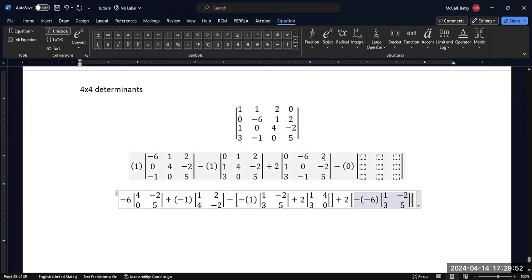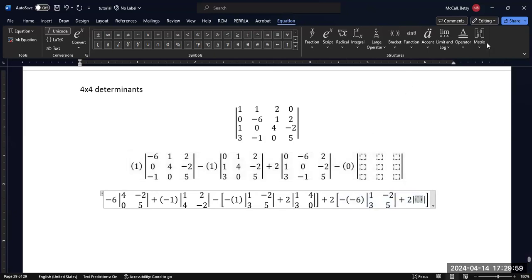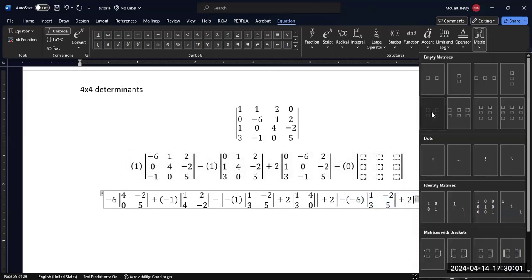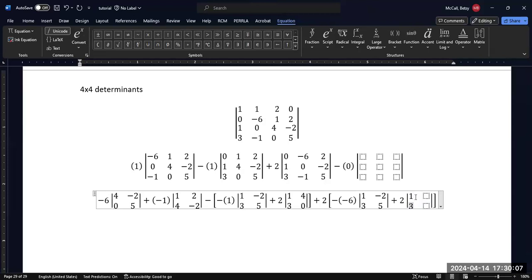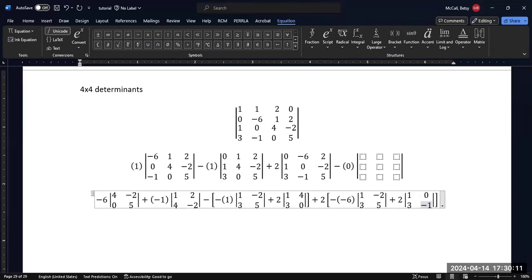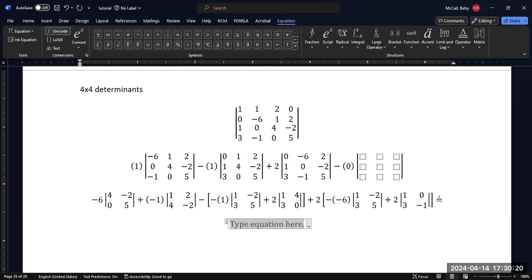And then again, going over here, this is now a positive position again. And canceling out this row and this column, I get 1, 3, and 0, -1. All right, so now we're down to 2 by 2s, and so now we can start doing some calculations.